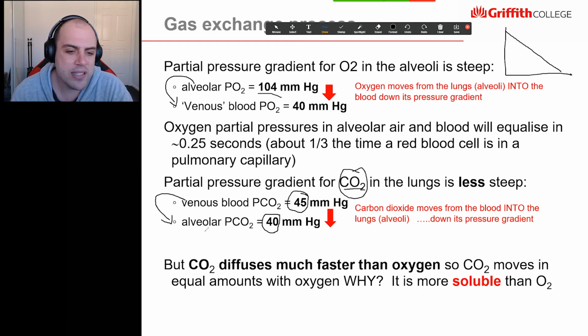So even though we have oxygen moving into the blood and carbon dioxide moving out of the blood, you will still note that both of these, our oxygen and our carbon dioxide, are moving down their partial pressure gradient. They're both still moving from high to low.